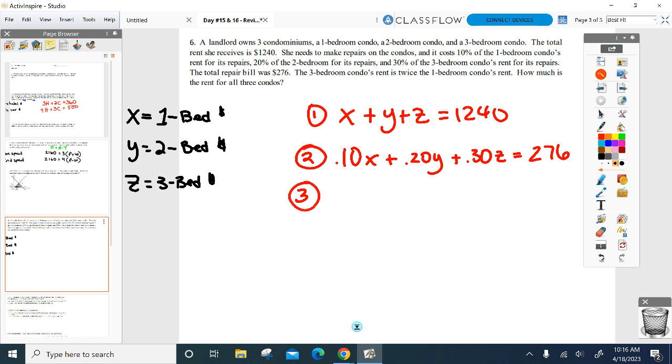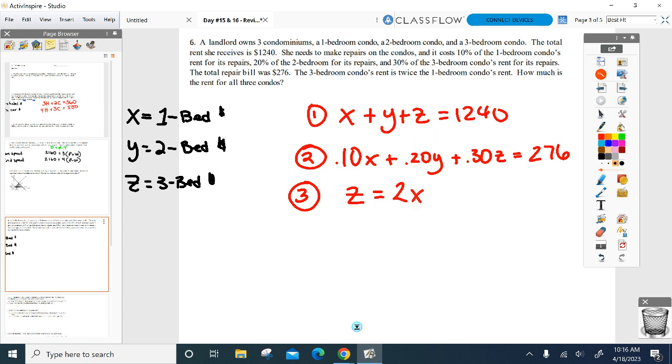3-bedroom condo rent, twice the 1-bedroom. Did we say anything about repairs? No, just total rent. So I'm not doing anything with percents here. You're just talking about the 3-bedroom condo rent, which we called what? Z. Notice I didn't put the 30% with it. It's not repairs. It's just the rent. Z is twice the 1-bedroom rent. 2x.